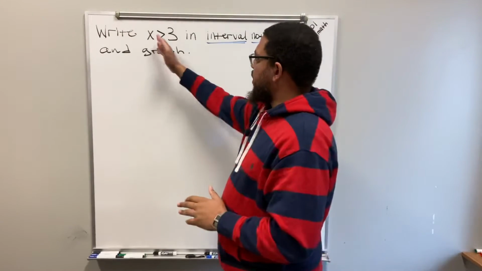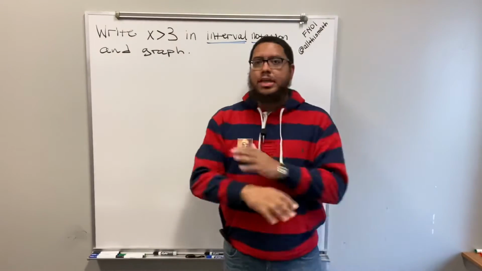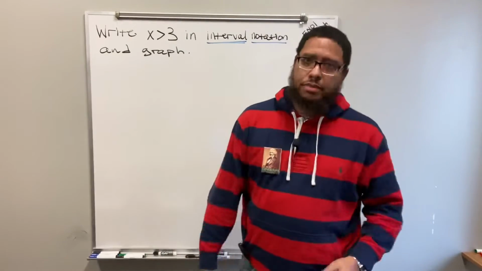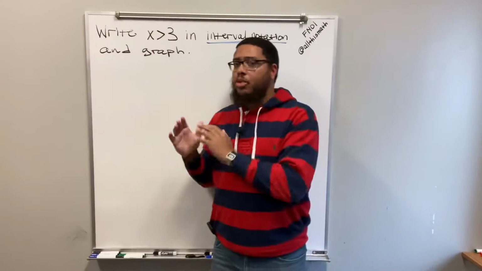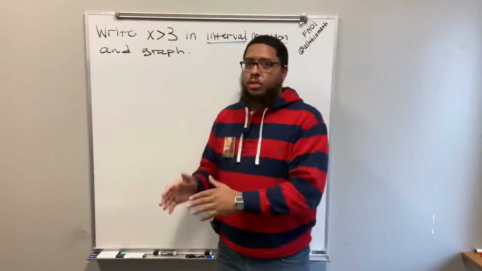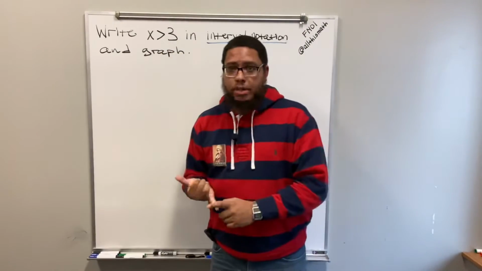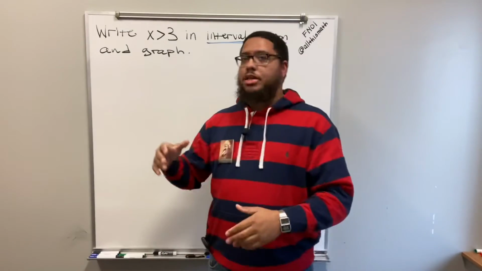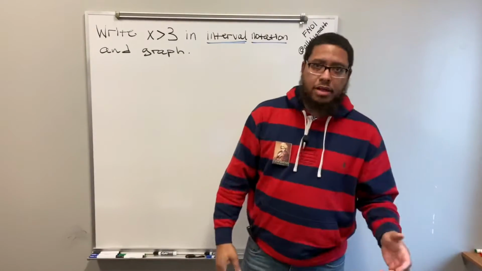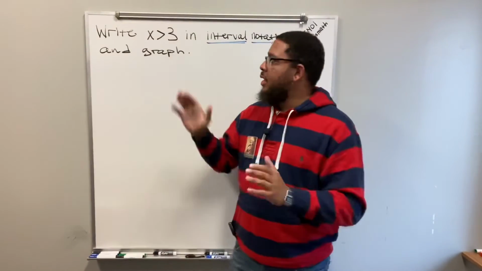So this says that x is greater than 3. What that means is that x can be any value bigger than 3. That's the solution to that inequality. Notice, this is not an equation. We're not saying that x is equal to 3. We're saying x is greater than 3. That means x could be 3.1, x could be 59, x could be 10 trillion, x could be 3.5, x could be 10, 58, 32, 29, any number bigger than 3.